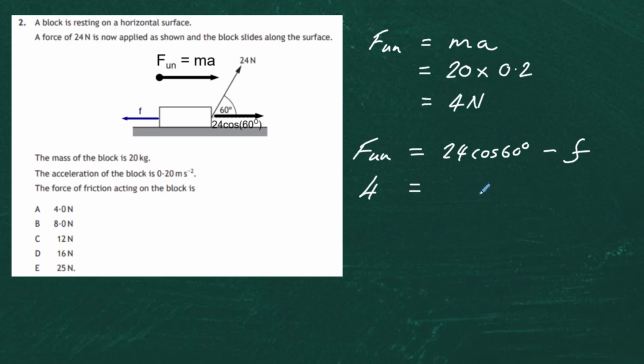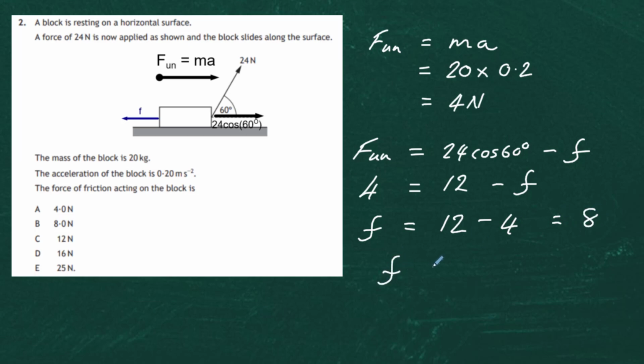Cos 60 is a half, so 24 times a half is going to give you 12, and take away the frictional force. And look, we've got a simple little balancing equation. Take the frictional force F over the other side, it changes sign. Take the 4 from the left hand side over to the other side, and it leaves 12 take away 4, and the answer is going to be 8.